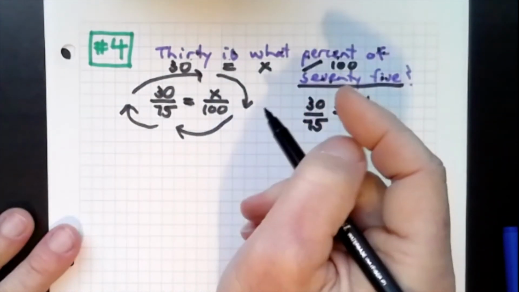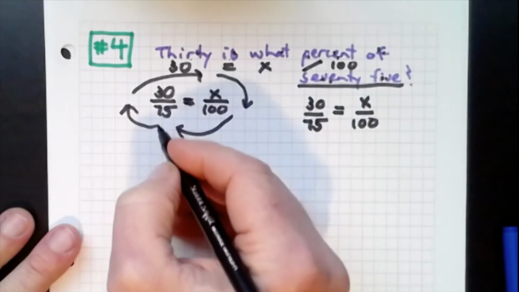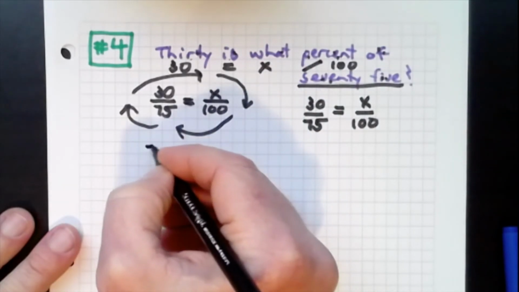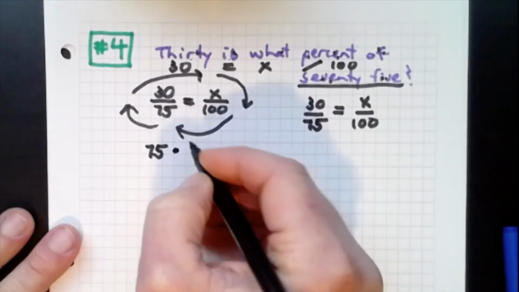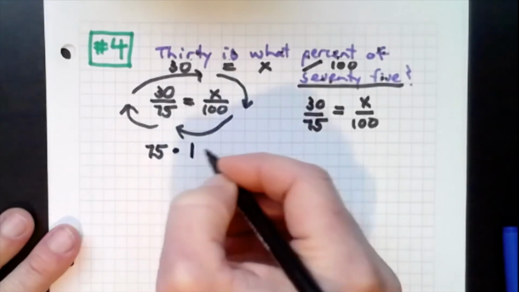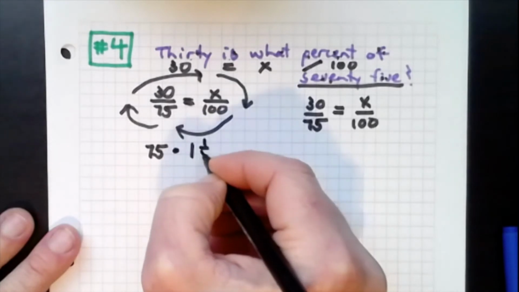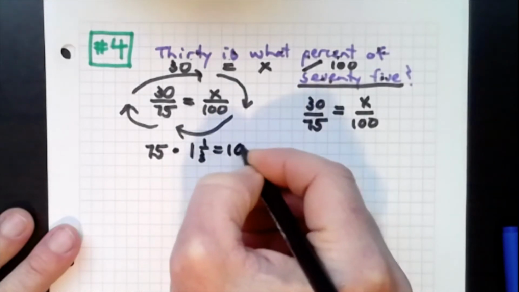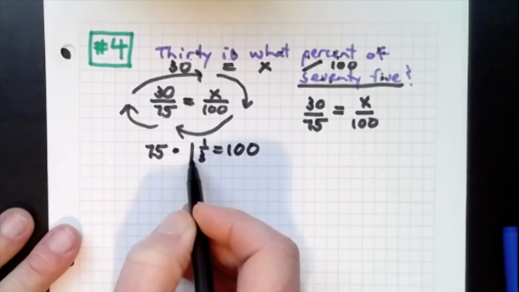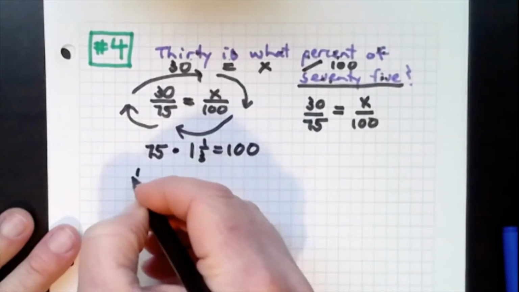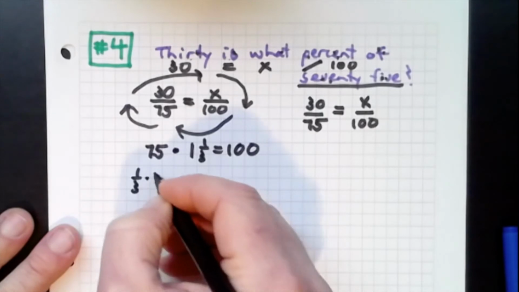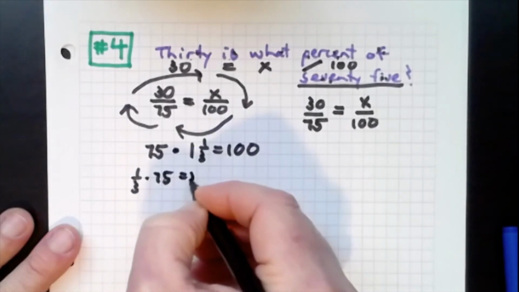So here's what I notice. 75 times itself and another third equals 100. So 75 times 1 makes 75. What's 1/3 of 75? 25.